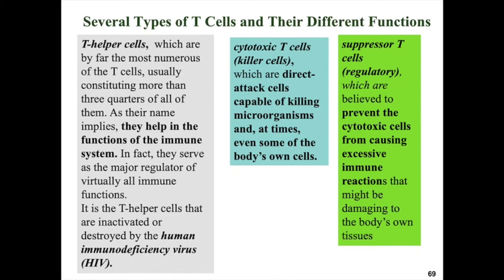Then there are two other types of cells we have not spoken about: the cytotoxic T cells and the regulatory T cells. The cytotoxic T cells are responsible for killing other cells. What cells need to be killed? Well, any cell that is infected or that has some abnormality.